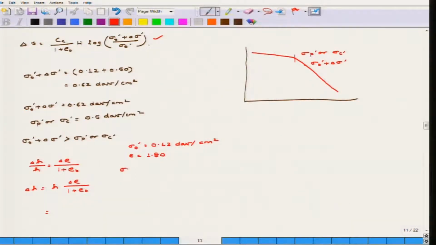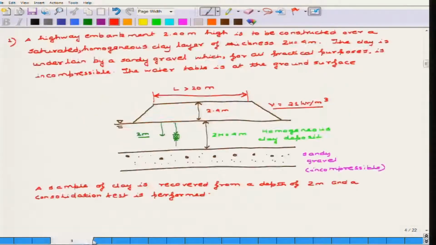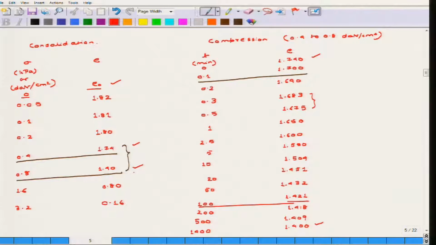And for sigma naught dash plus delta sigma dash equal to 0.62 daN per centimeter square, that is the present stress condition, we have e equal to 1.56. Here also you have to linearly interpolate between 1.7 and 1.40 in order to get the value of 1.56.